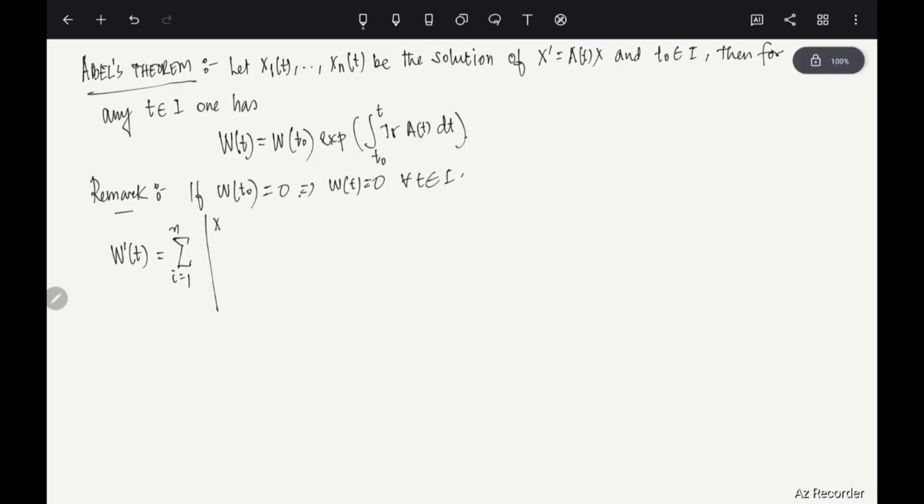So the first row is x_11(t), ..., x_1n(t), and so on, with the i-th row being the derivatives x_i1'(t), ..., x_in'(t). Yes, so this is from week 1. If you forget it, please look at week 1, we did this.